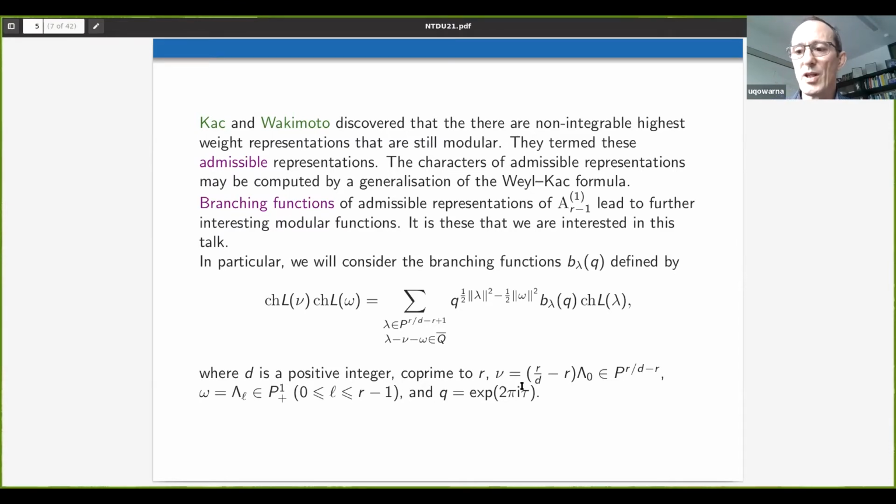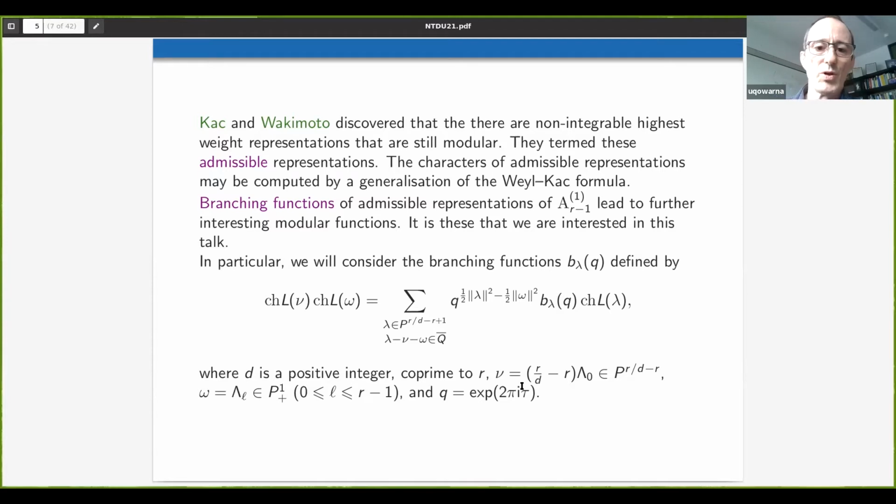So in other words, they realized that you could find other, more complicated representations of these infinite dimensional Lie algebras. If you compute the characters of those, you still had these Jacobi modular forms. And so they called these representations admissible representations. And I'm interested in particular in the branching functions of these admissible representations.